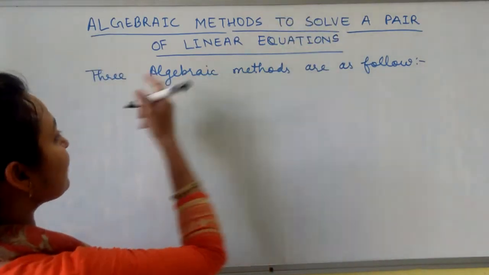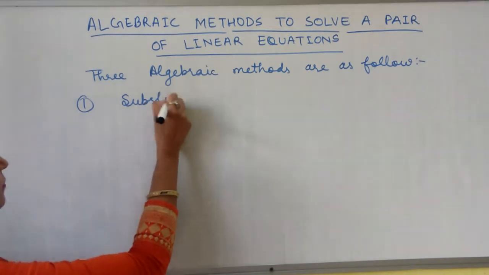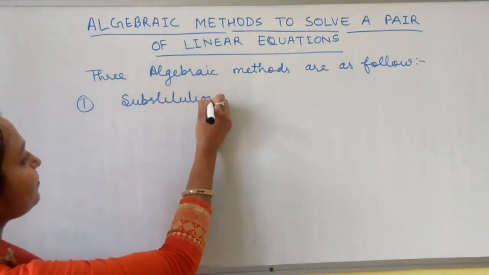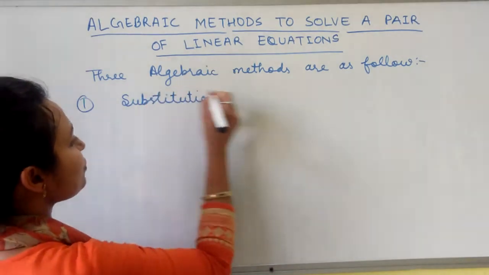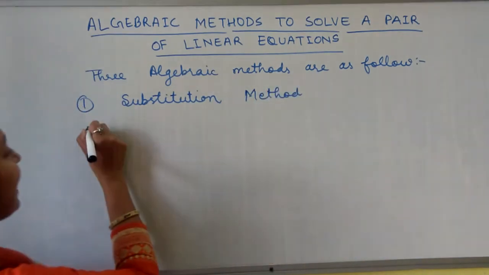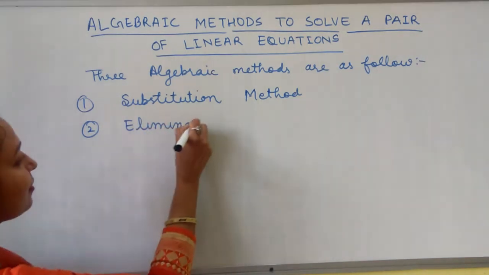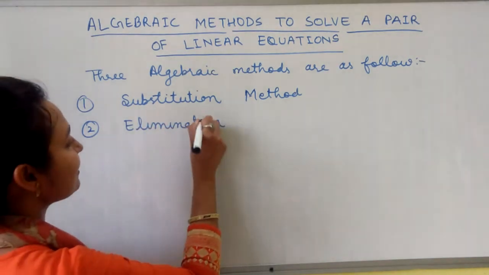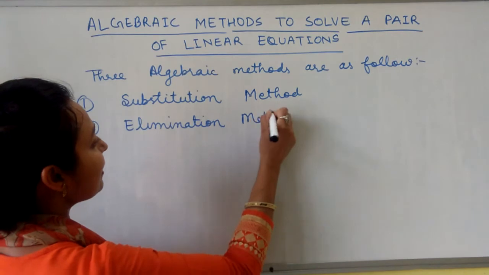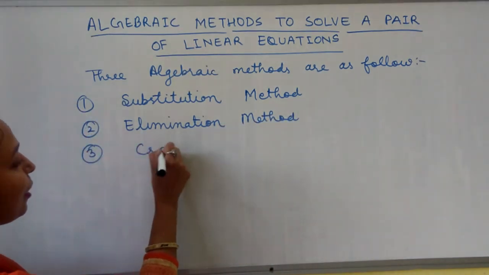Okay, so come to the first method, that is substitution method. The second one is elimination method. Third is cross multiplication method.